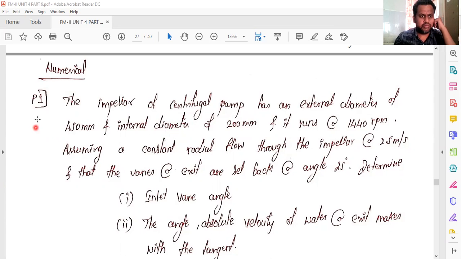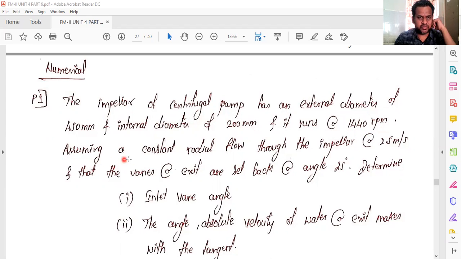Let's take the first problem. The impeller of a centrifugal pump has an external diameter of 450 and internal diameter of 200, and it runs at 1440 rpm.